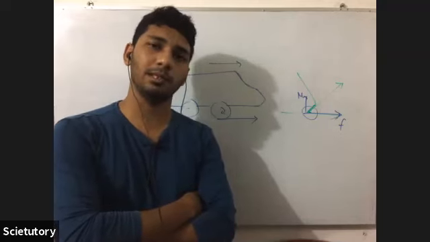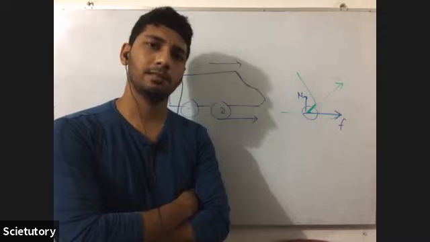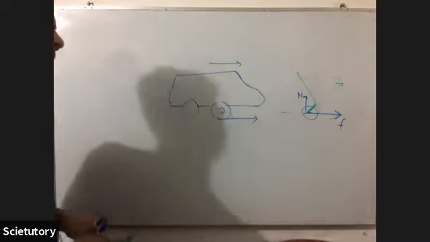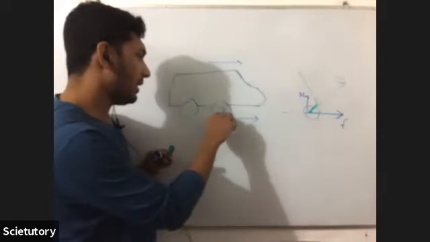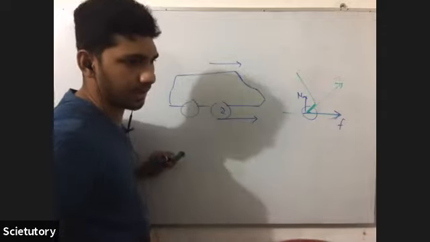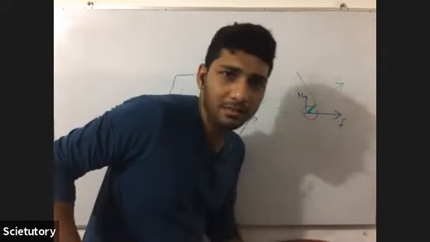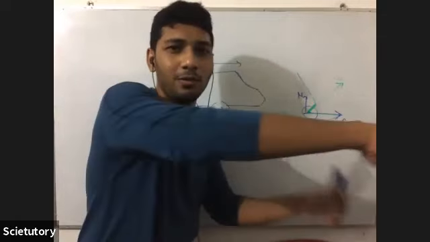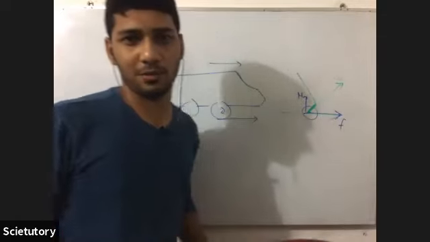Is it supporting the movement? Actually, not exactly. It doesn't support the movement. You are actually trying to slide, but it opposes your sliding. So it has to give a forward force. So we make use of that force.